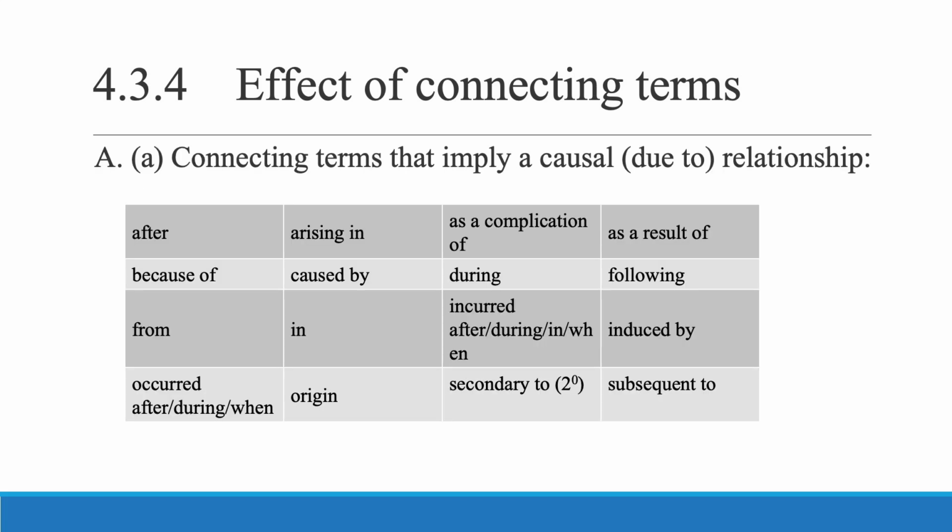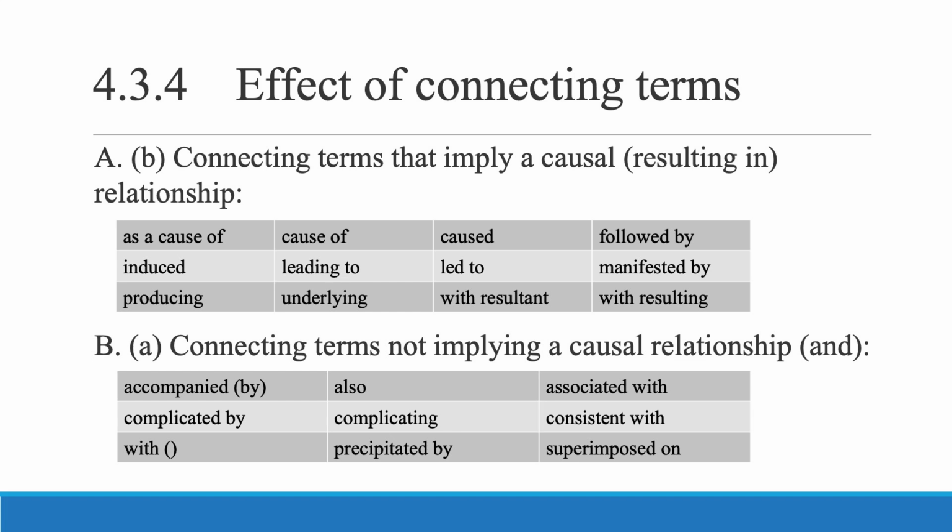Just before finishing up, here's a short list of connecting terms that imply a causal or due to relationship as discussed at subsection 4.3.4, uppercase A, lowercase a. I won't read the terms to you, but there they are for your reference.